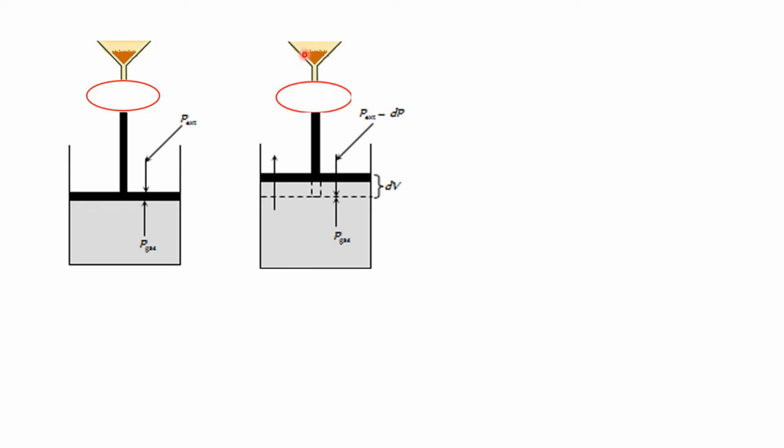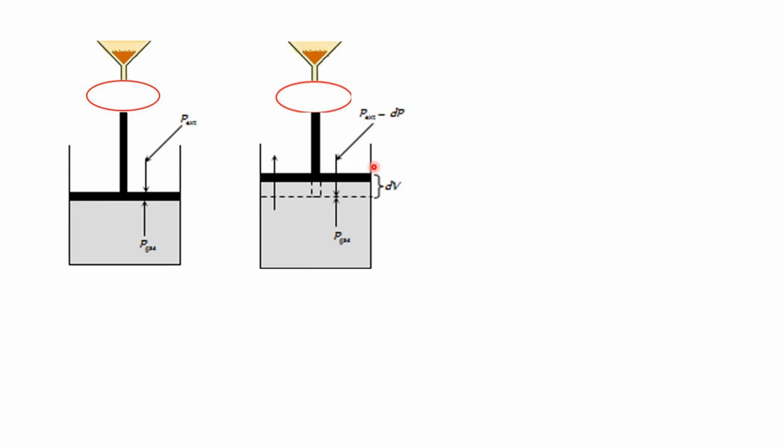Now after that, if you remove another sand particle, then again the external pressure will be decreased by a very small amount, so now it will be P external minus dP. And as this external pressure is decreased by a small amount, the gas pressure will be a little more than the external pressure. Again the piston will move through a small distance or small volume, say another dV.